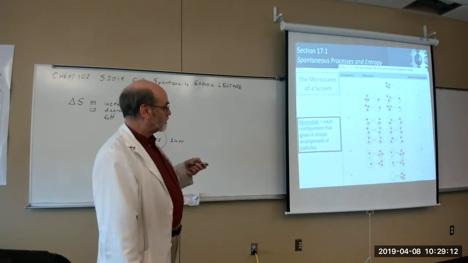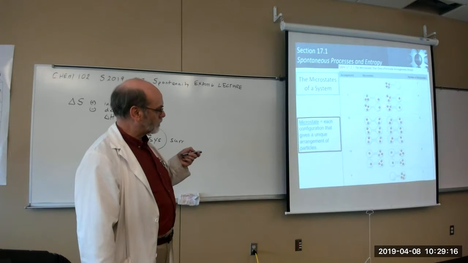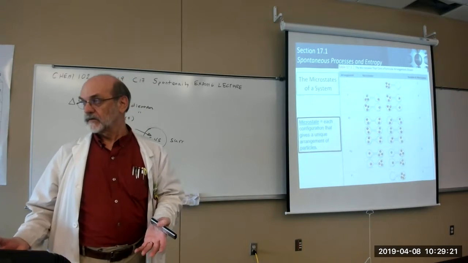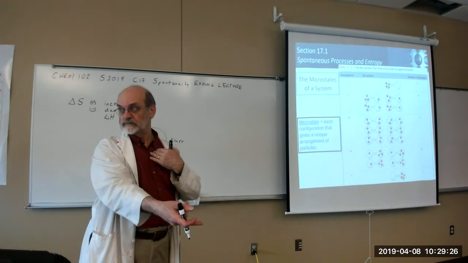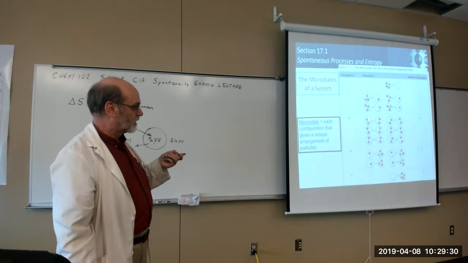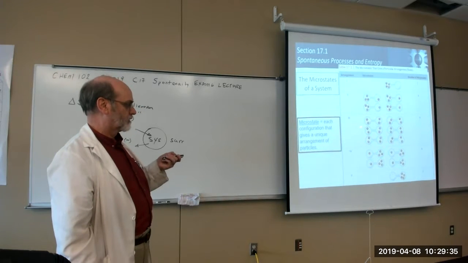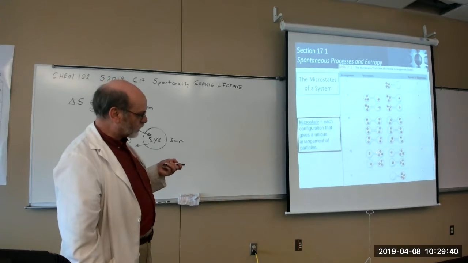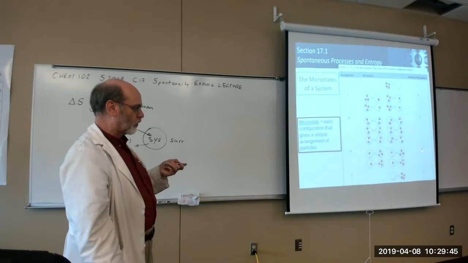But if you put just one of them on the other side, you can put an A over here, or a B or a C, which gives you 4 possible microstates for 3 on one side and 1 on the other. If we have 2 on either side, the number of microstates goes up to 6 rather than 4. And if we have 3 on the right and 1 on the left, again, you have only 4 possible microstates.